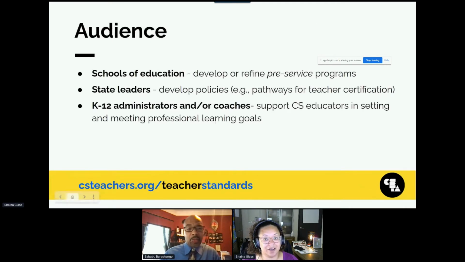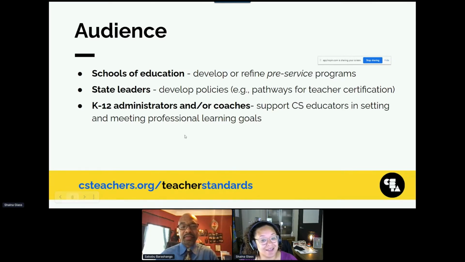Our target audience today is all of you. This will help develop different programs depending on where you are in your level. This will also help policy if you are state leaders. This will help you support the teachers themselves, and it will help teachers guide their administrators or coaches if they don't have the resources to support them.